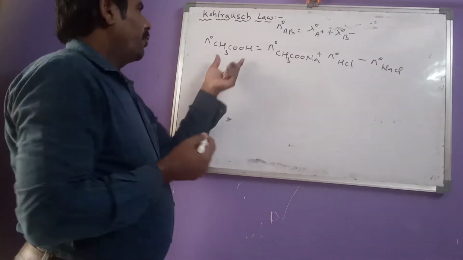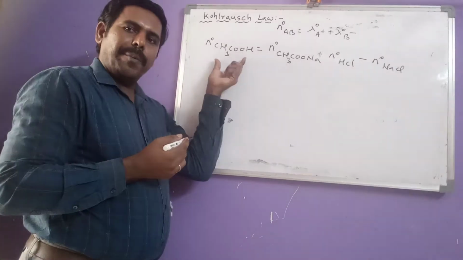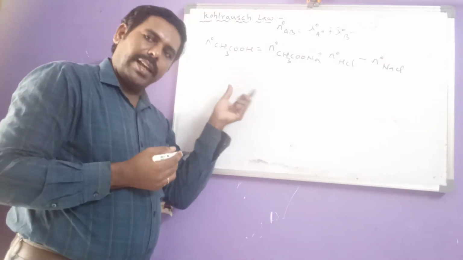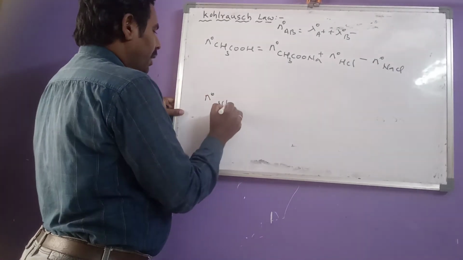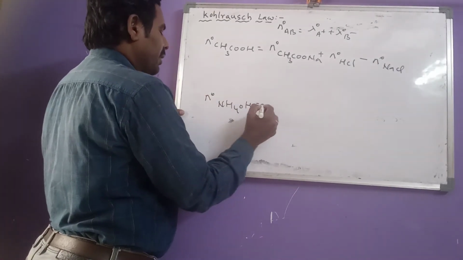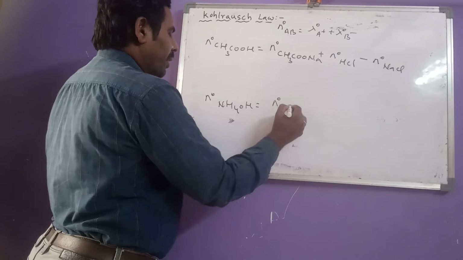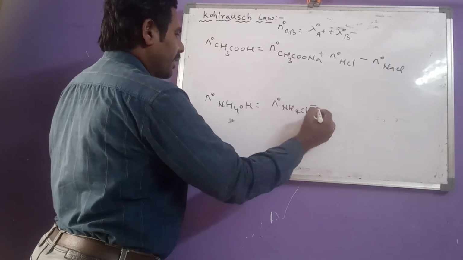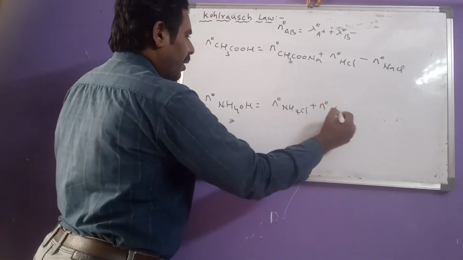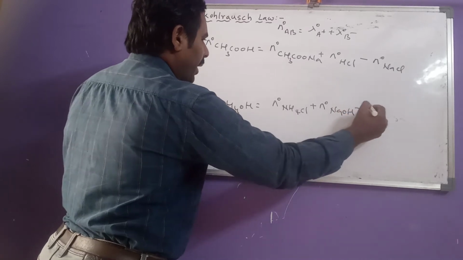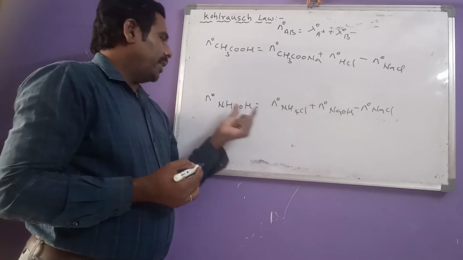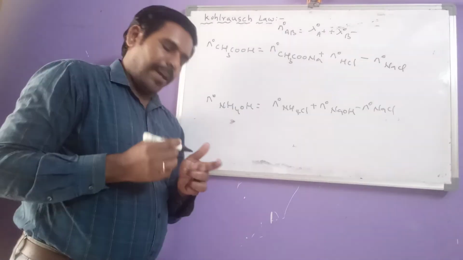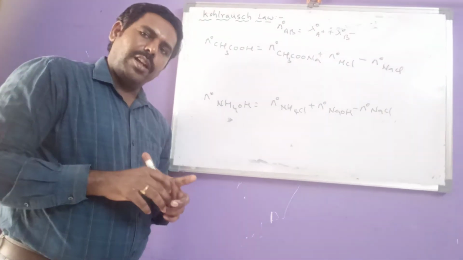With this we get the Λ naught value of acetic acid. Similarly, to calculate Λ naught NH4OH, what is the formula? Λ naught NH4Cl plus Λ naught NaOH minus Λ naught NaCl. By this method, one can get the Λ naught NH4OH value.